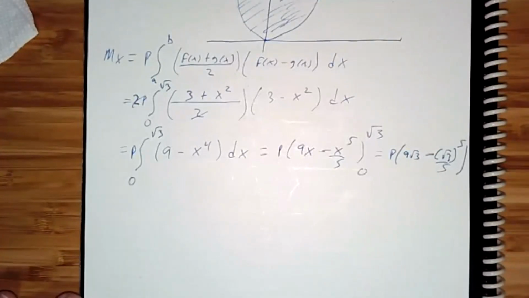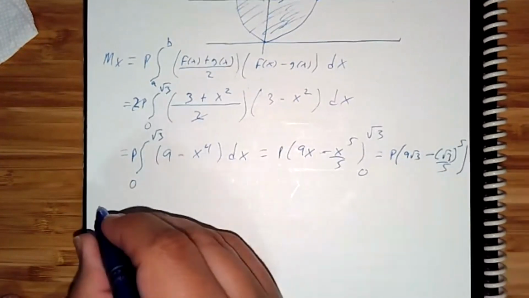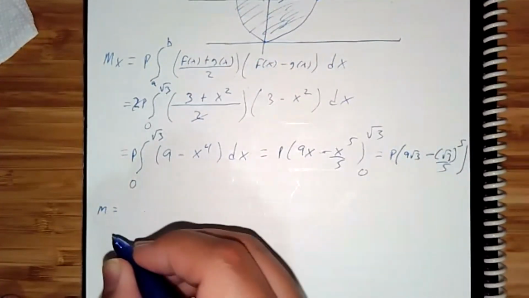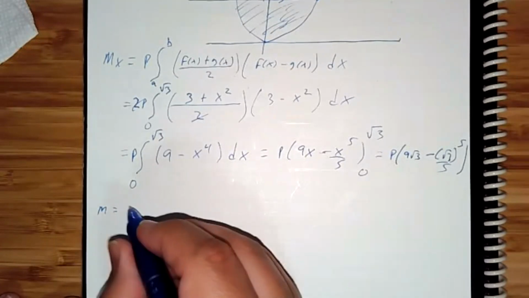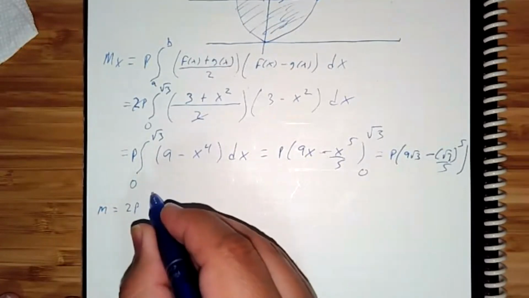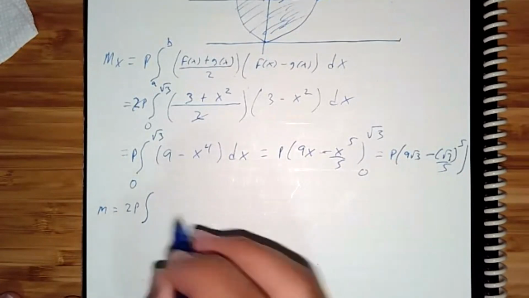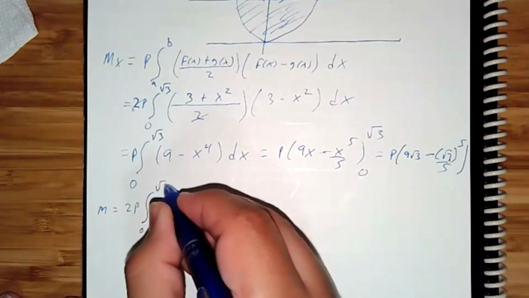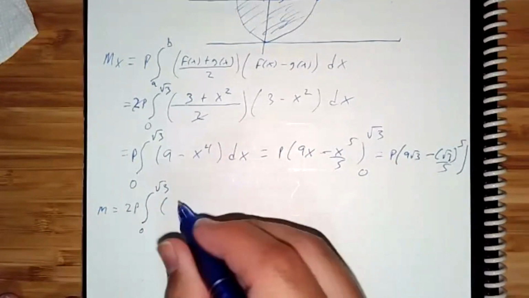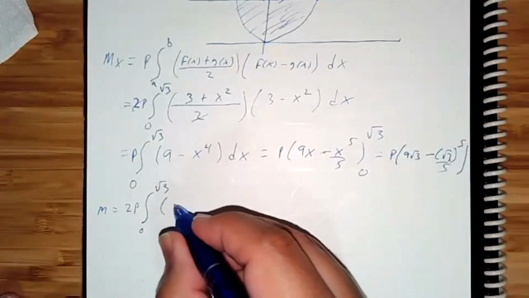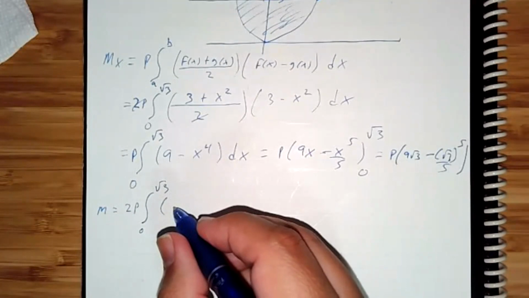Not pretty. Little m will be the integral. So same thing, we'll cut it in half, multiply by 2. Integral from 0 to root 3 of f minus g.